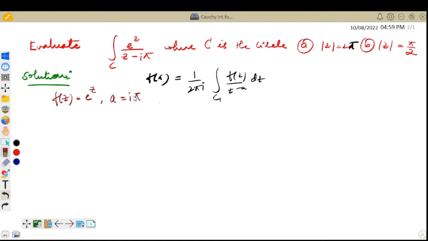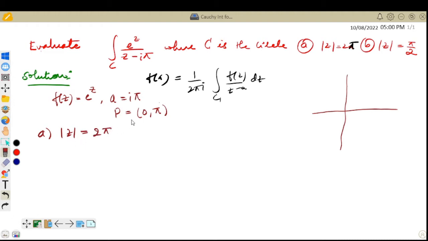So a is equal to i pi is the point, which means if I write in the Cartesian form, this point becomes i, an imaginary, that is 0 comma pi. Okay, let us draw this in terms of Cartesian geometry. First, I am going to discuss the first curve, that is modulus of z is equal to 2 pi.